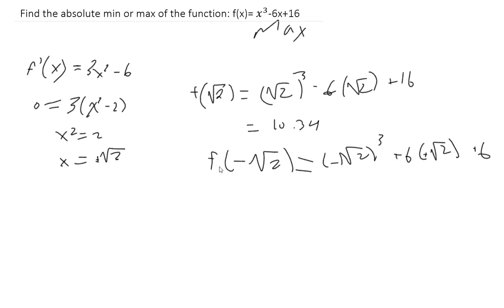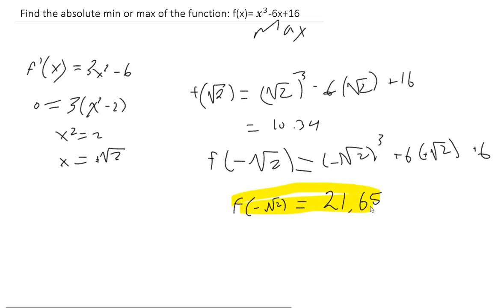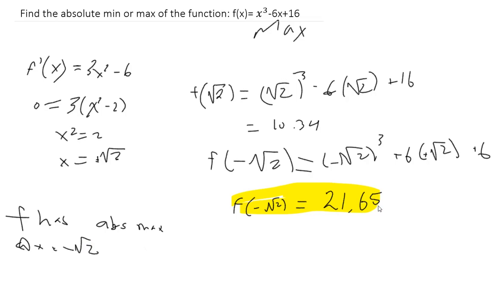So this one ends up being 21.65. And so now we know that this is actually our absolute maximum here. The other one is just a critical point. And so we know f has an absolute max at x equals negative square root 2, and the value is about 21.65.